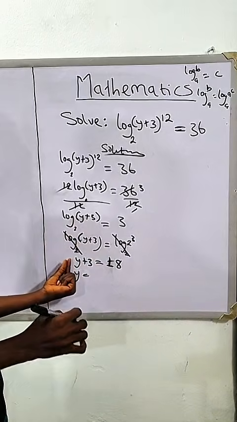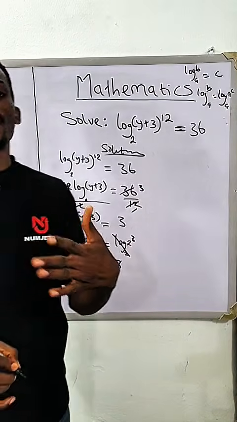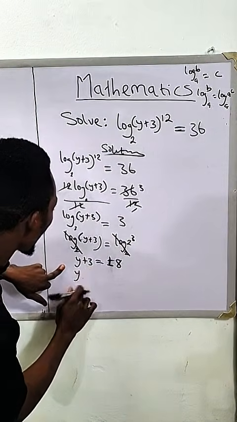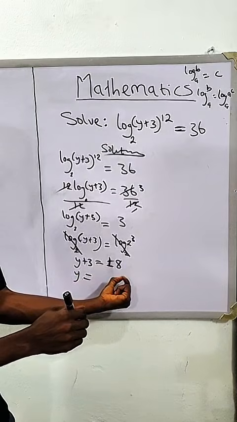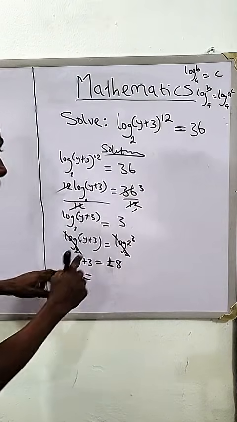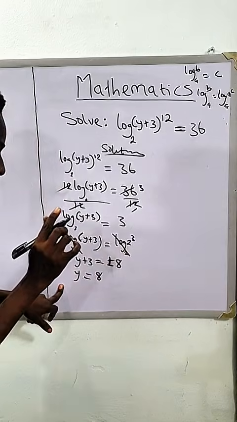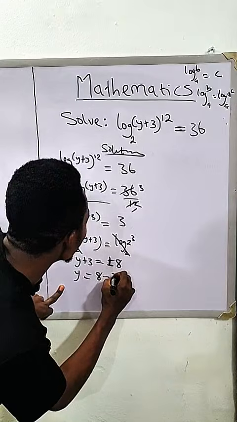So I'm going to find y. I'm collecting like terms so that y can stand on its own. Remember that when a positive sign crosses the equality sign, it becomes negative. So y is equal to, taking plus 8, 8, and this plus 3, once it crosses, becomes minus 3.